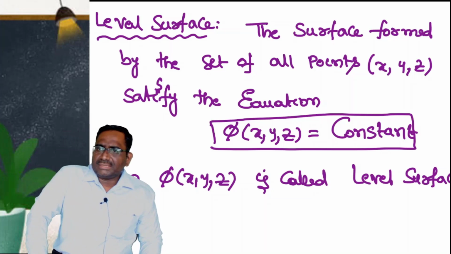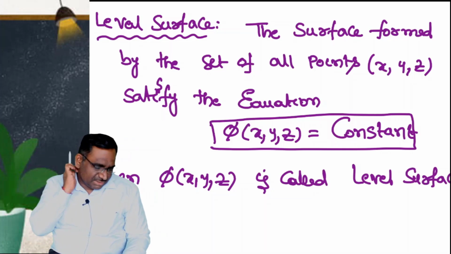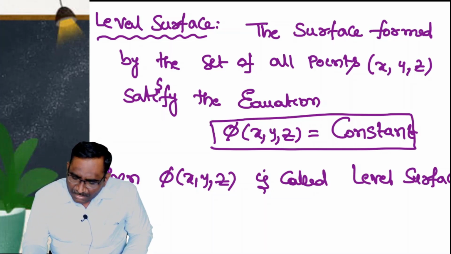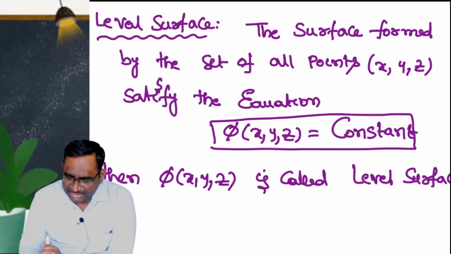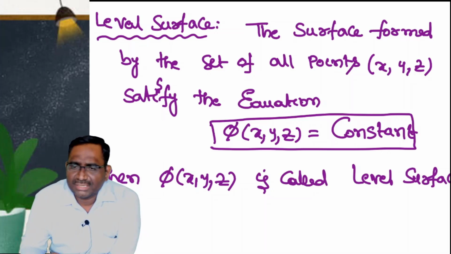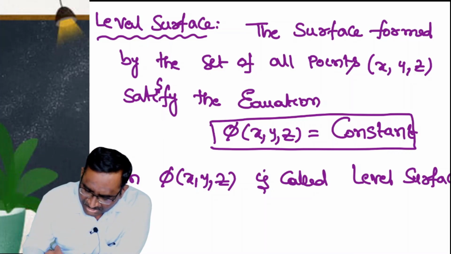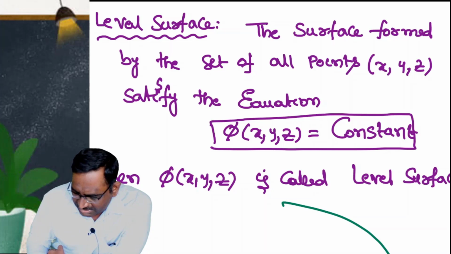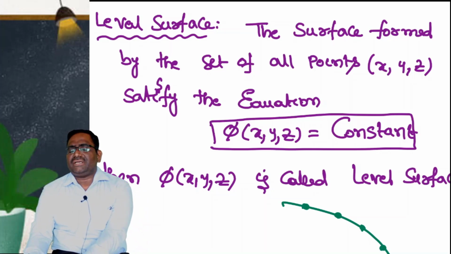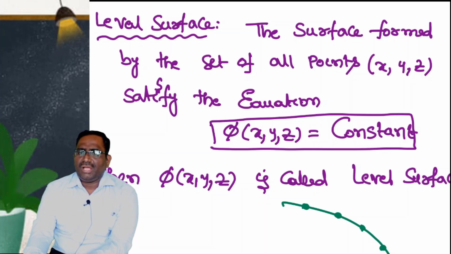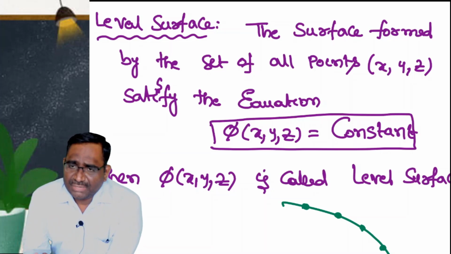So the level surface is the surface formed by the set of all points satisfying this equation, phi of x comma y comma z is equal to constant. Suppose this is my surface. The set of all points satisfying some constant is called a level surface.